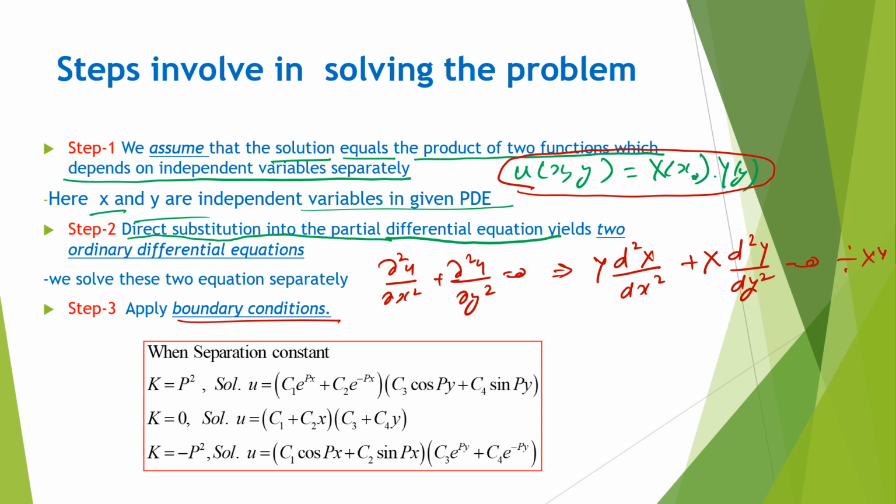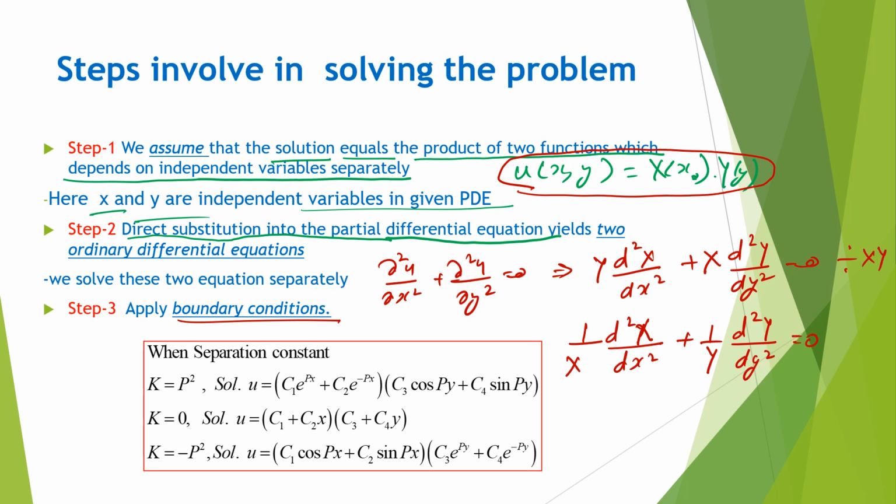Dividing by x and y, we get 1 by x d square x by dx square plus 1 by y d square y by dy square is equal to 0.